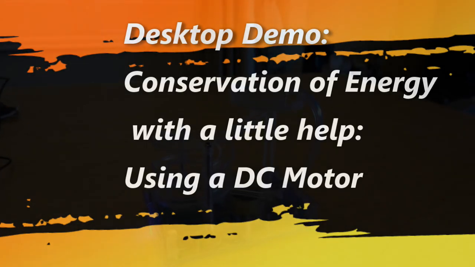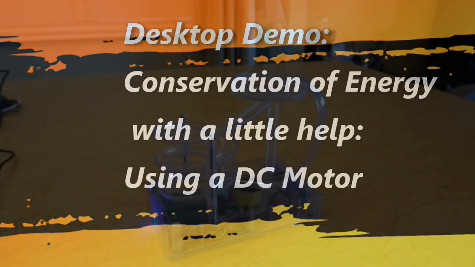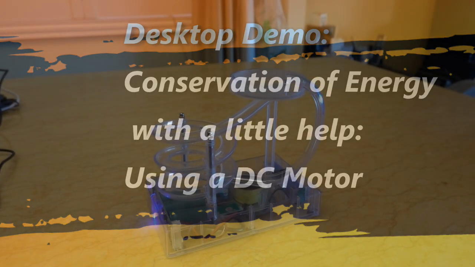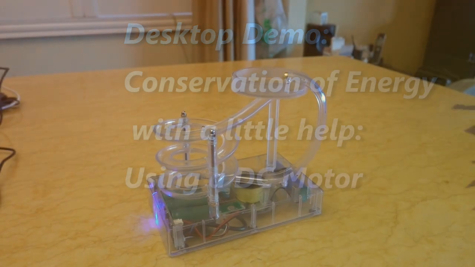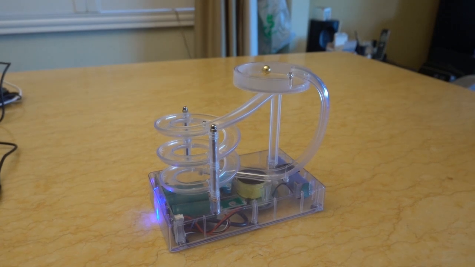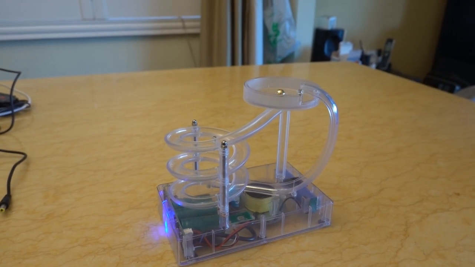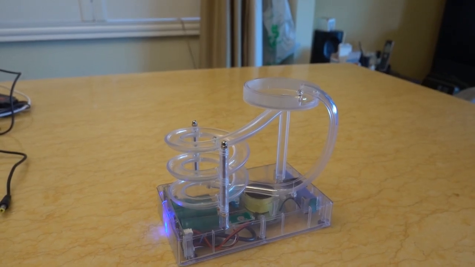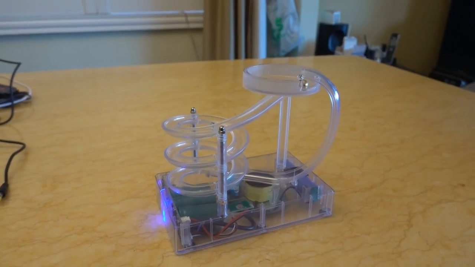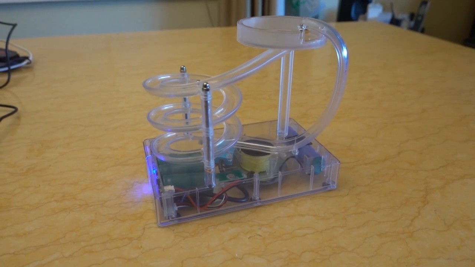In this demonstration, we're looking at the conservation of energy, one of the principles used by ALF. So what we're doing is converting the potential energy, which it has at the moment, to kinetic energy, but it's also been given a bit of a push.